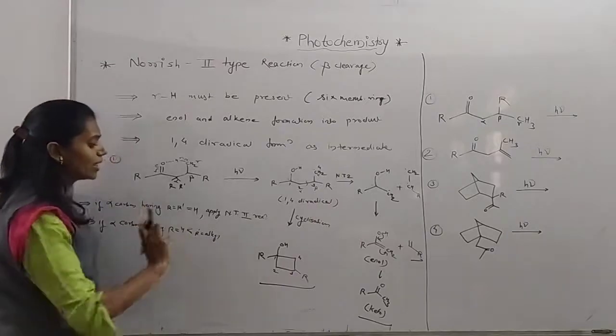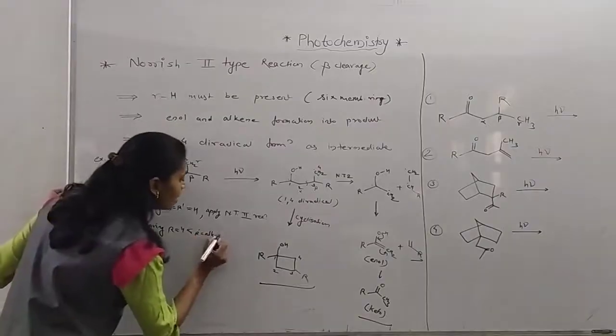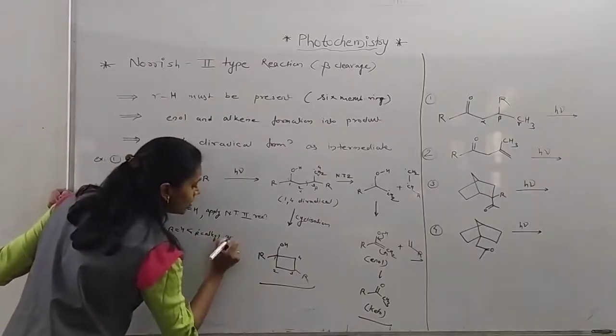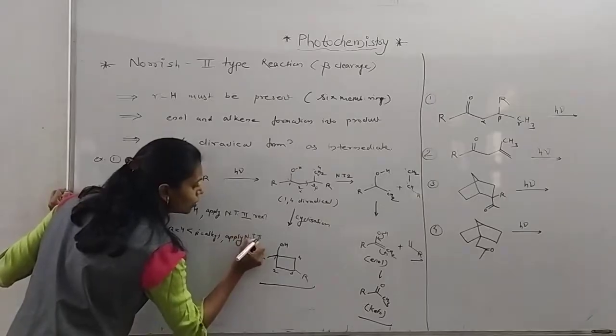That means one is hydrogen and one is alkyl group. This type of case is there. Then again we use the same rule, that is, we apply Norrish type 2 reaction.